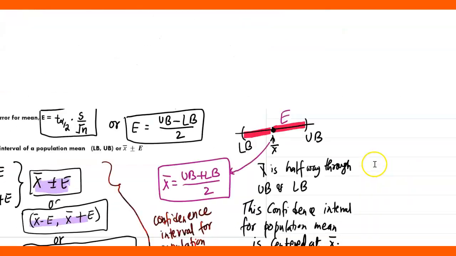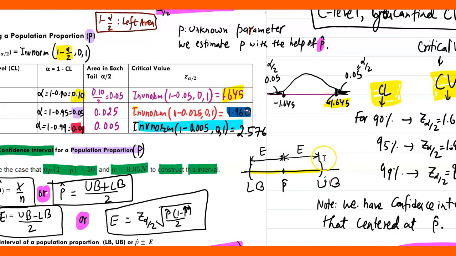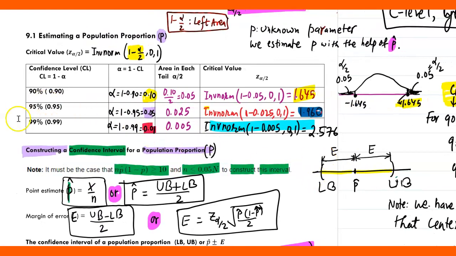We did this in 9.1, and you notice that for a 99% confidence level, the critical value is 2.576.